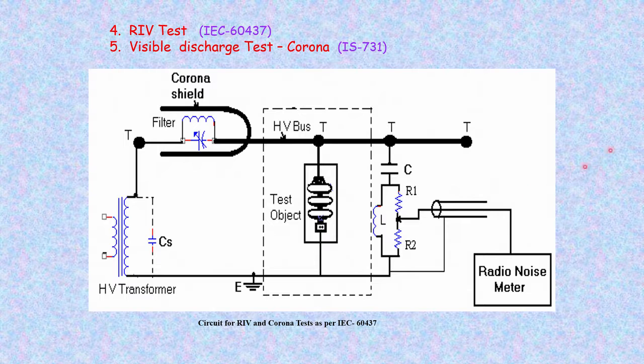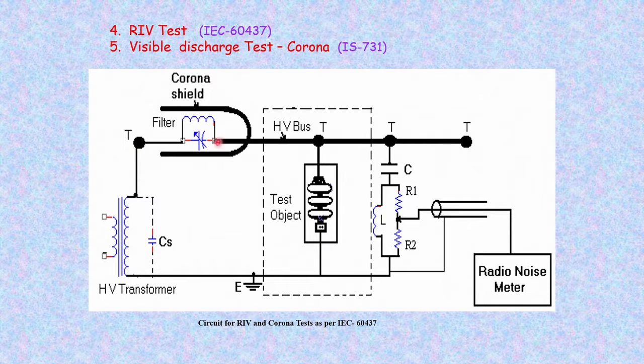This circuit shows the radio interference measurements. This is a bit similar to the partial discharge experimental setup. You see the high voltage transformer. This CS represents the stray capacitance of the transformer from the bushing to the ground. This is the connector. You have a filter with a corona shield.